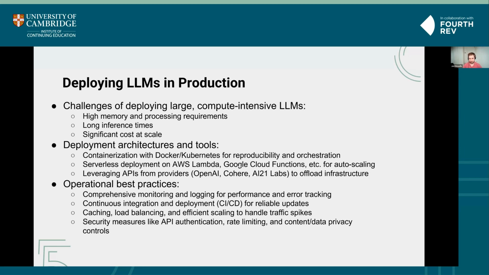AWS has SageMaker, Google has Vertex AI, and Azure has Azure ML Studio and AI Studio. Oh, and AWS has Bedrock as well, which contains a lot of language models like Llama and Anthropic's Claude, or you can use APIs directly from providers like OpenAI and others.